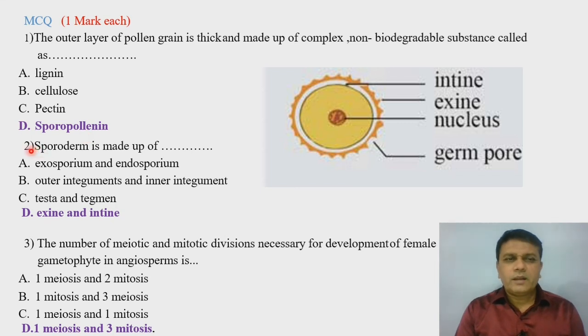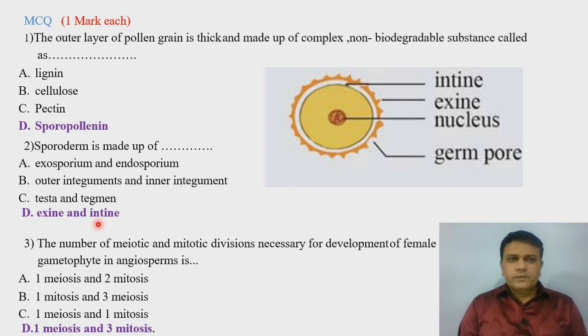Then second multiple choice question is sporoderm is made up of, the alternatives given are A is exosporium and endosporium, then B outer integuments and inner integument, C testa and tegmen, and D is the correct answer, that is exine and intine.